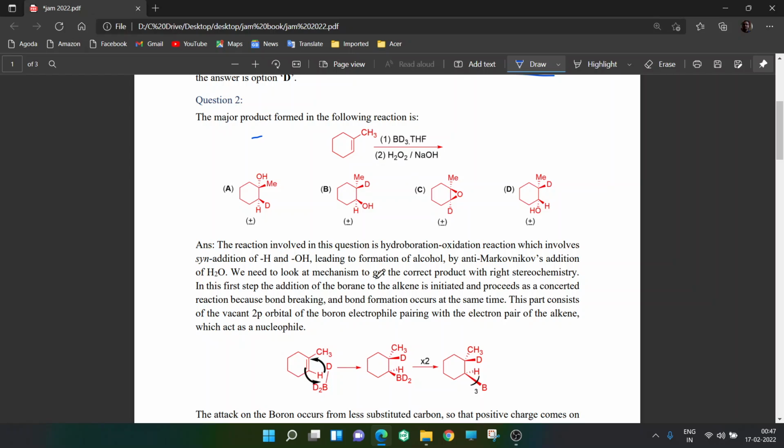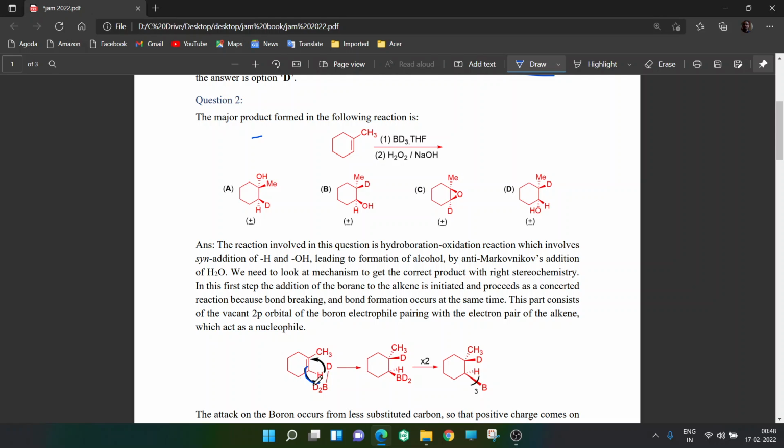So let's start with the attack of BD3. The mechanism is concerted, both of them attack simultaneously. But boron has 3 bonds, so its octet is not complete, only 6 electrons there. It's electrophilic in nature, it accepts electrons. So first the pi bond attacks, and the important part is the pi attacks from this side. Why?